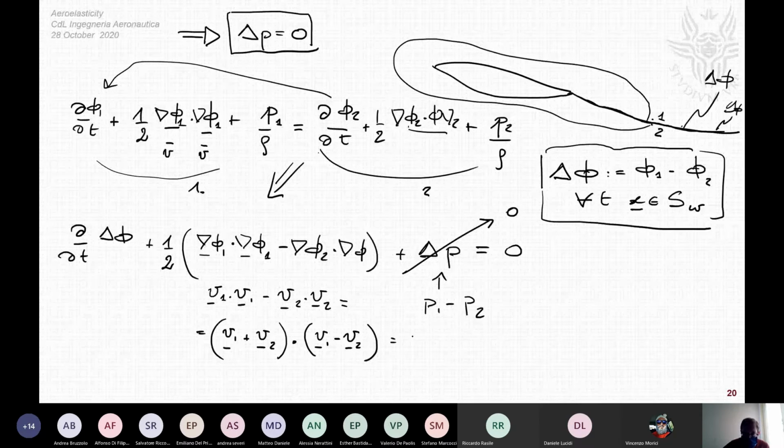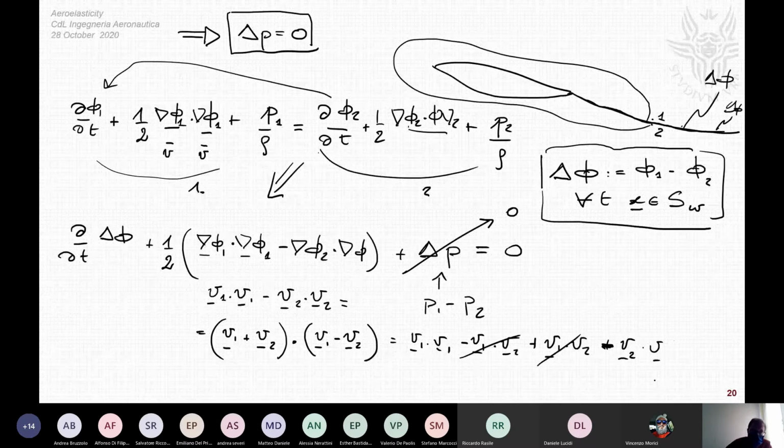In fact, you have v1 dot v1 minus v1 dot v2 plus v1 dot v2, and so this is cancelled, and you have plus v2 and minus v2 dot v2. So this is the generalization of the scalar formula that you know very well.